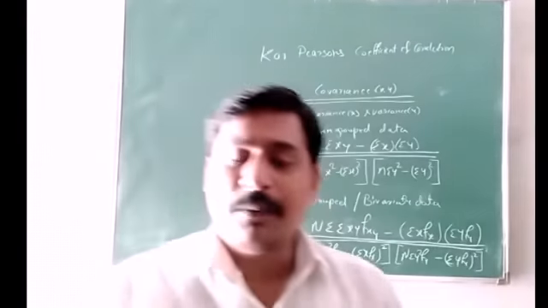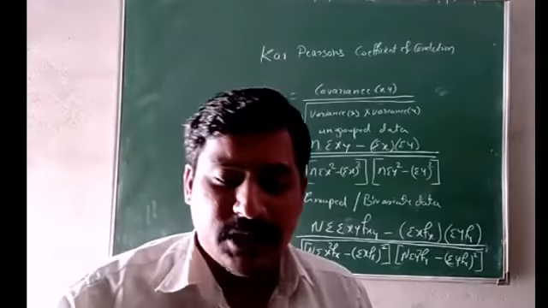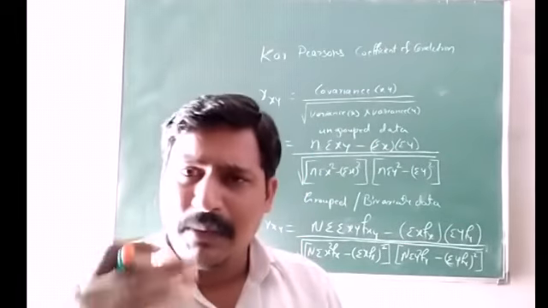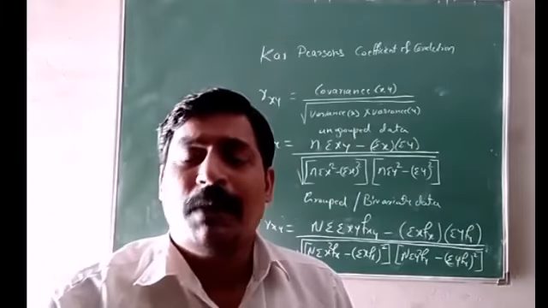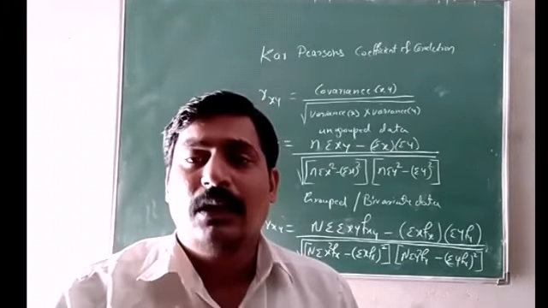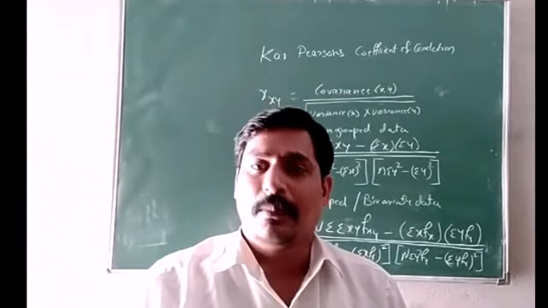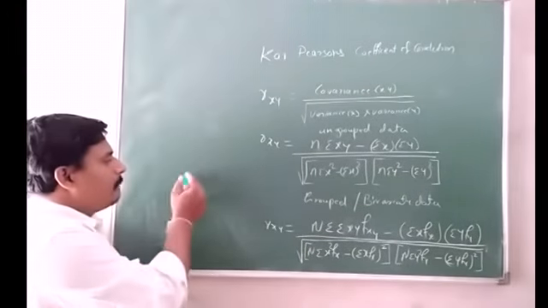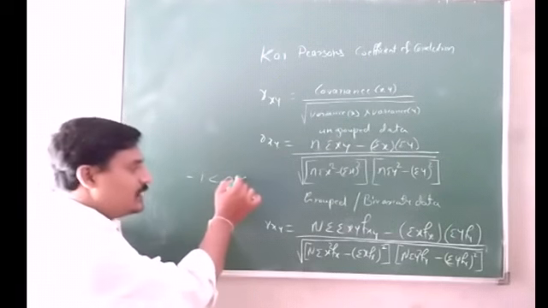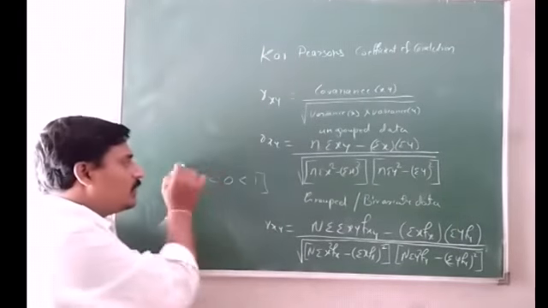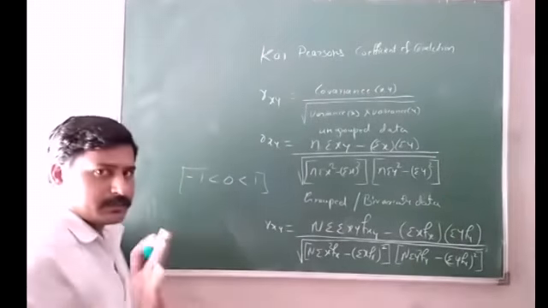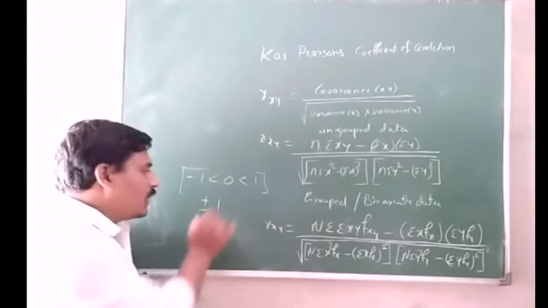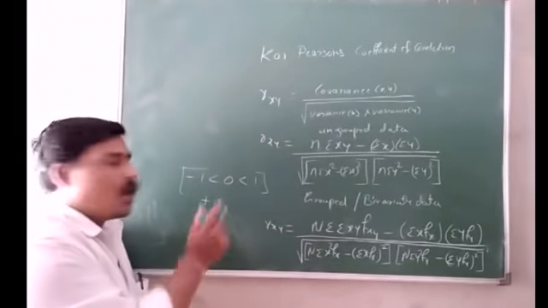Then the third property is that the correlation cannot be numerically greater than 1. It may be positive or negative, but we don't get an answer greater than 1. So our answer lies between -1 and +1, which may be plus or minus 1 or maybe 0.